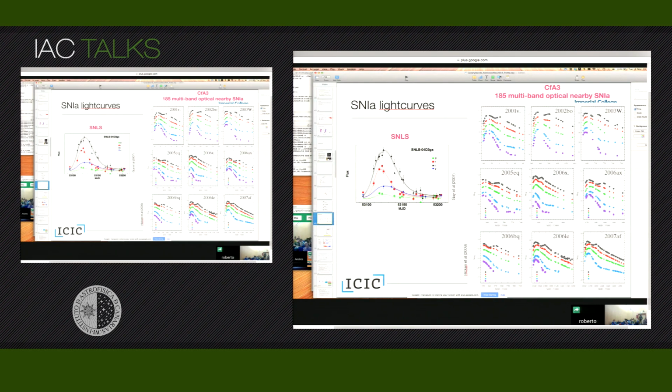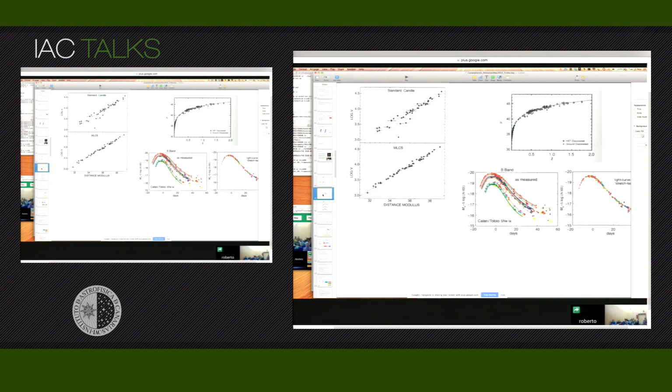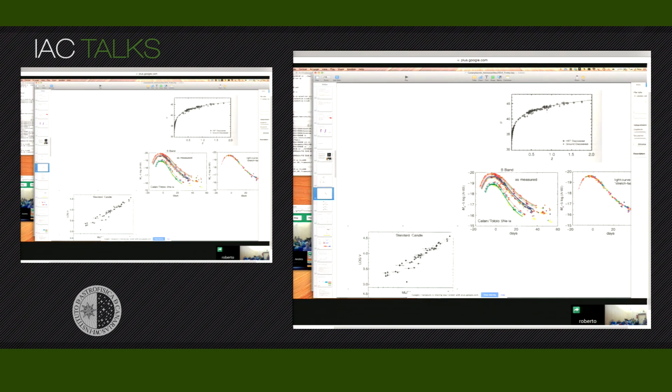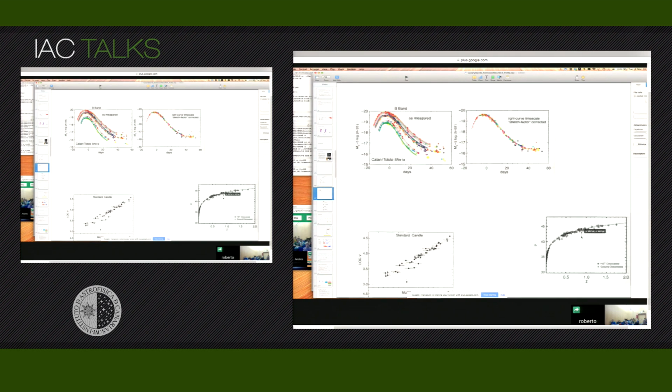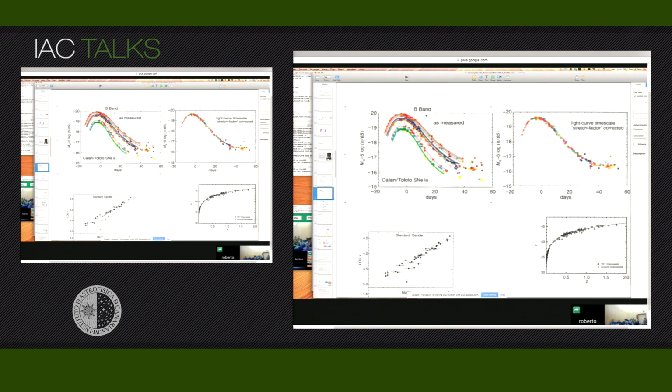And the question is, how do we use this to infer distances? There's one key observation that people have made. Let's look at this plot. Here's a plot of light curves in the B band.